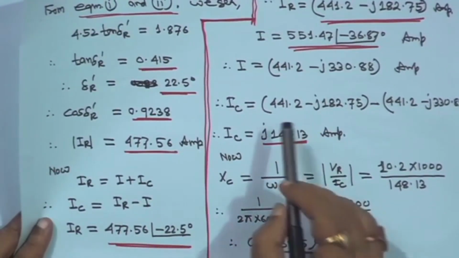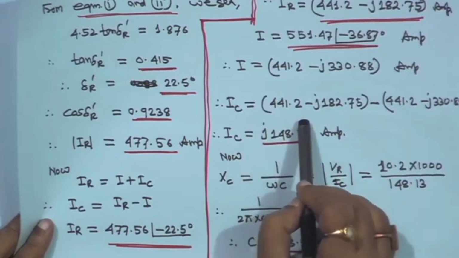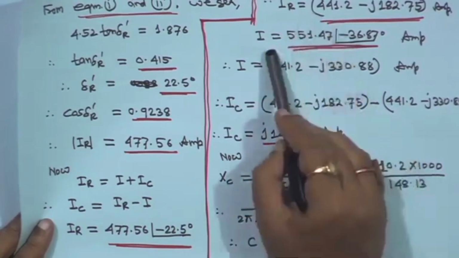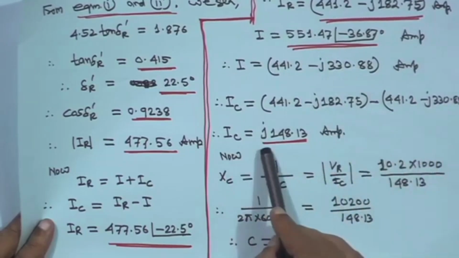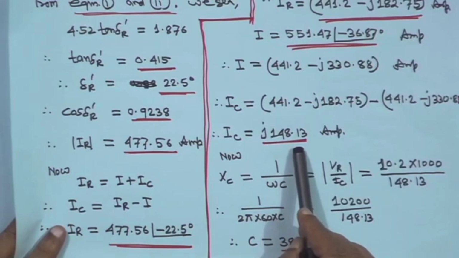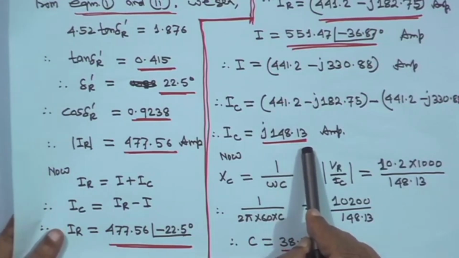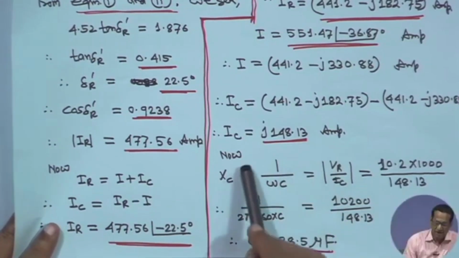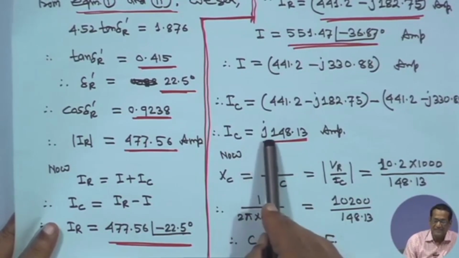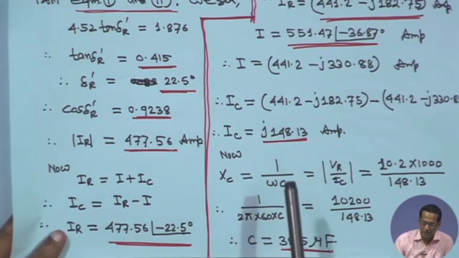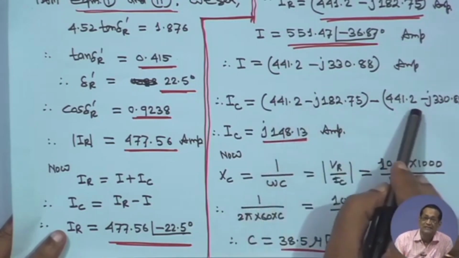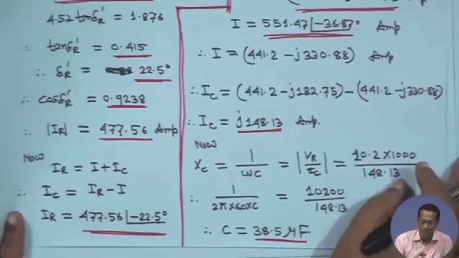So now Ic will be Ir minus I, and you will get Ic equal to j148.13 ampere. This current is leading, that is the capacitor, so j is there. You can take more decimal places; I will explain a little bit later.